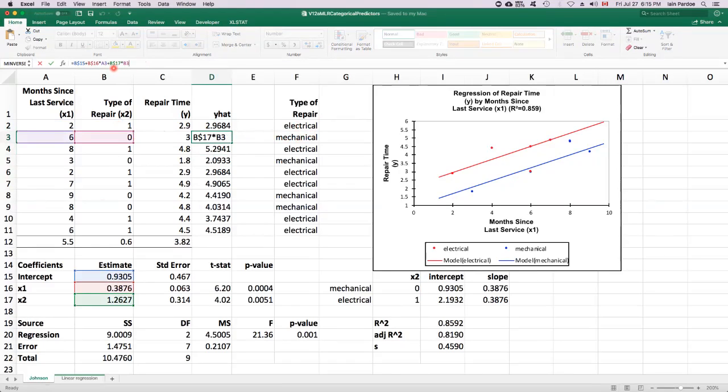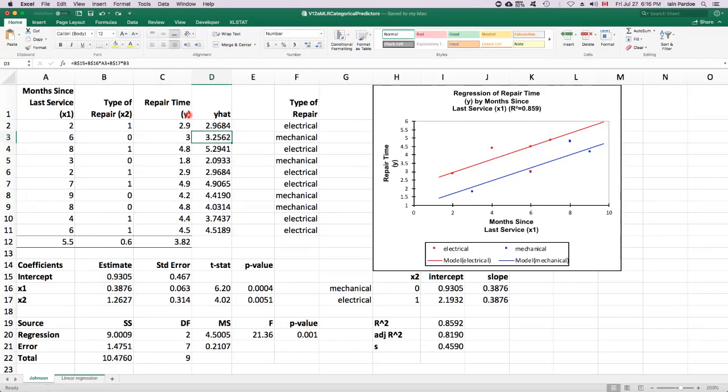This last piece is just 1.2627 times 0, so it goes away. I could actually just erase it, and I get the same number here, 3.2562. It's 3.2562 whether that piece has gone away or is there.